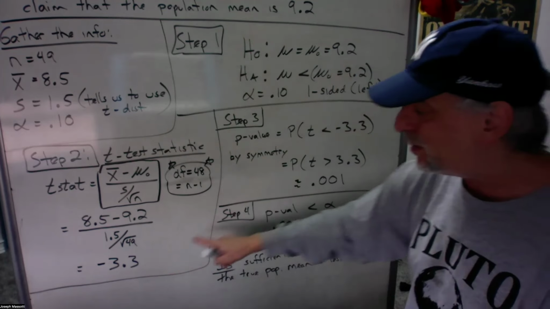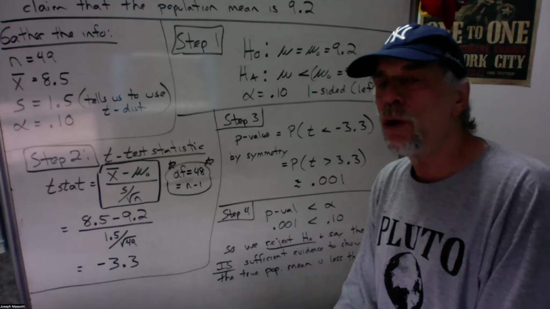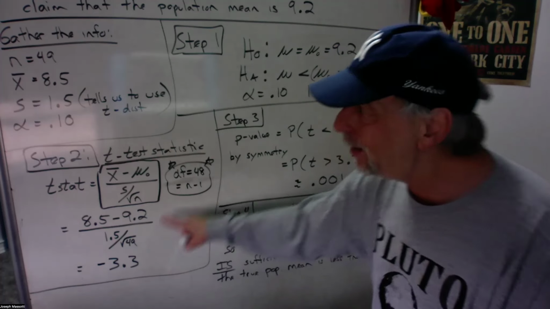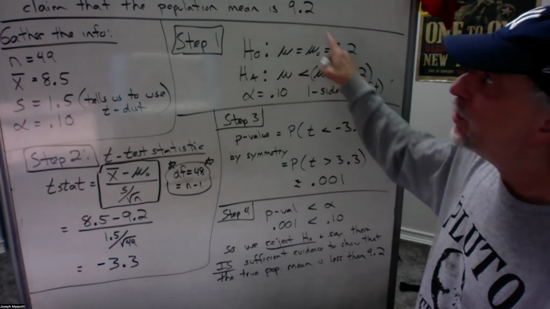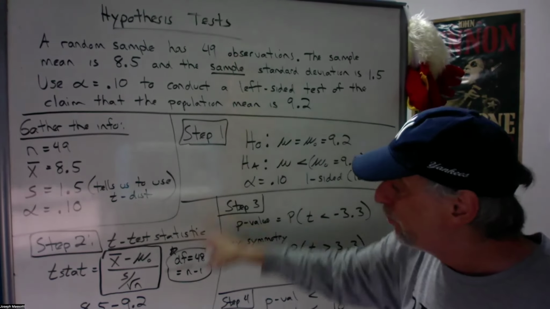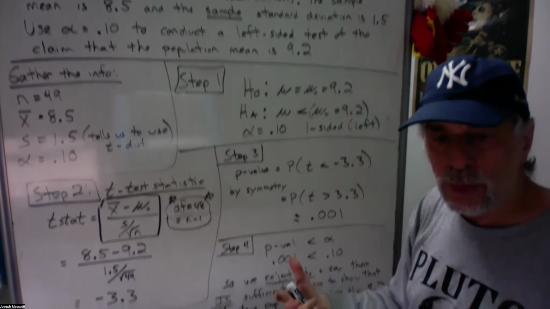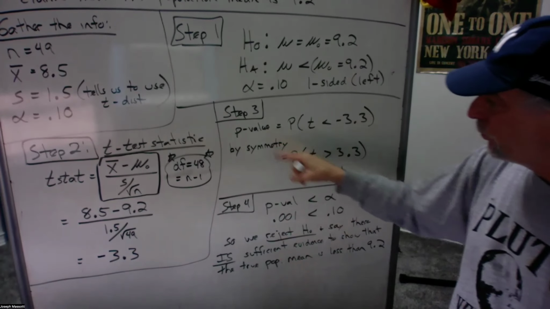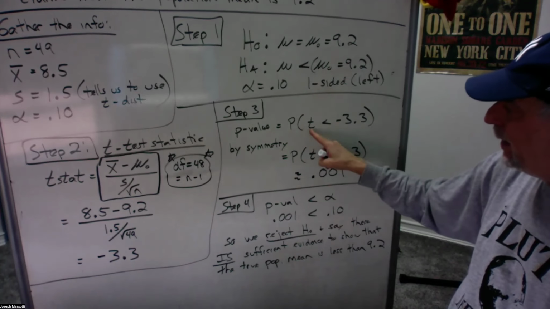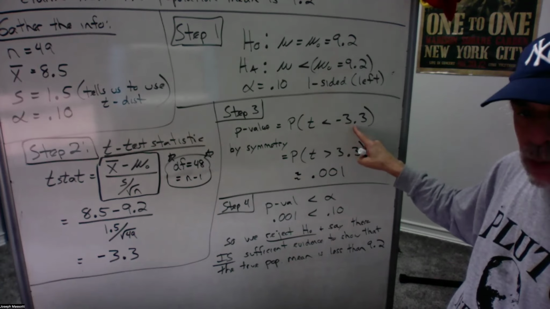If this was true, this is pretty far to the left. All right, so we're going to expect to get a pretty small p-value here. The probability of getting something this far away from the center of the sampling distribution of an infinite number of samples of size 49 shouldn't be that far away if this is true. But let's put a number to it. We go to the tables and we say, if this is true, what's the probability that we get a t as extreme or more extreme than negative 3.3?